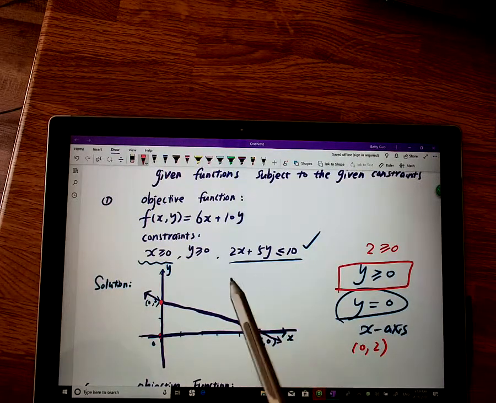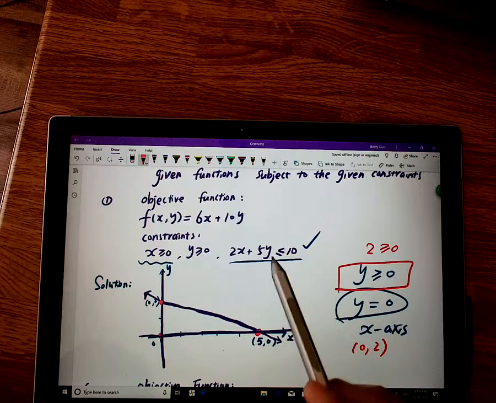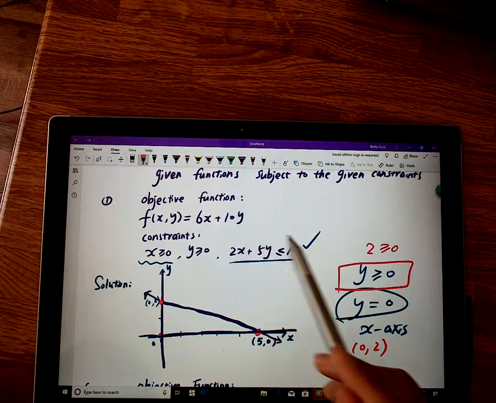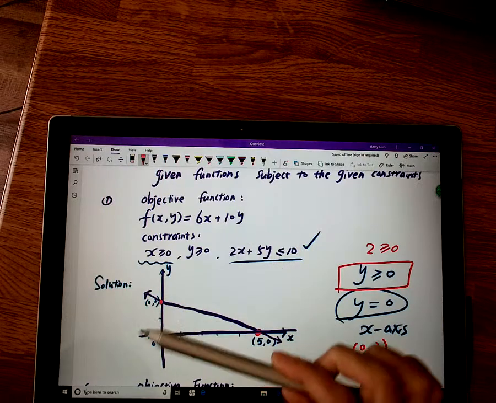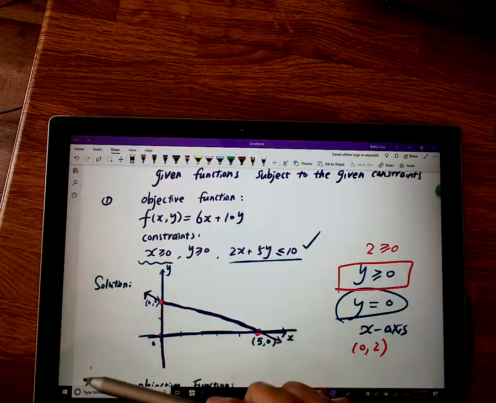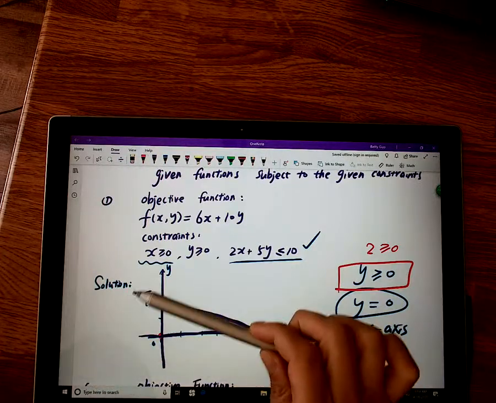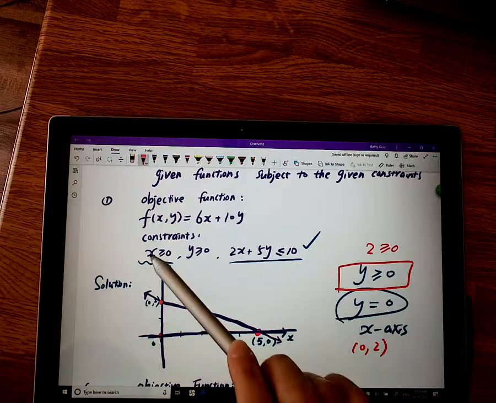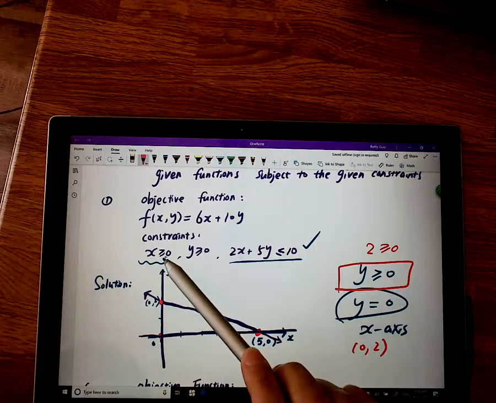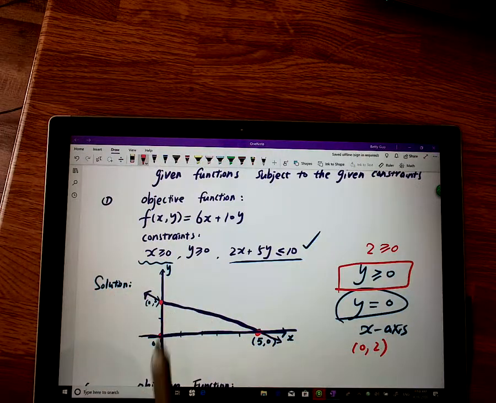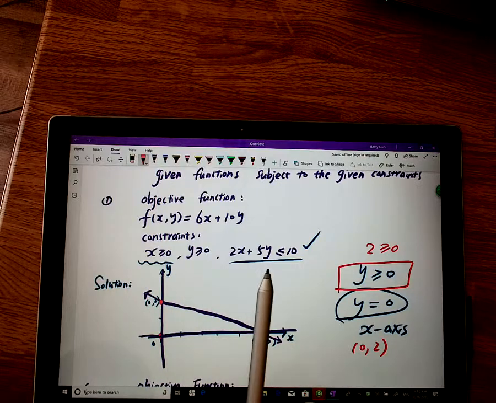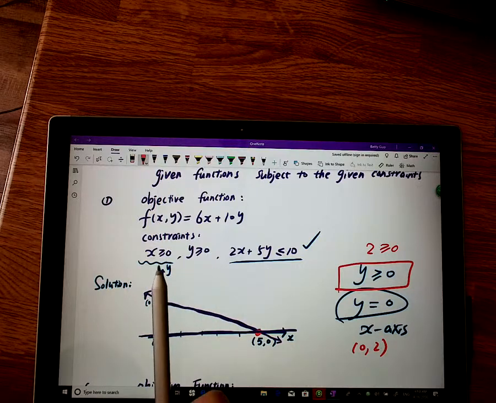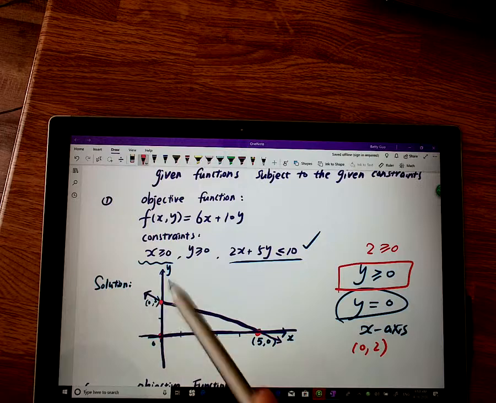So let me repeat the three solution sets. For the first inequality, the whole half plane below the slant straight line, including the points on the boundary. For x bigger than or equal to 0, all the points to the right of the y-axis, including the points on the y-axis.